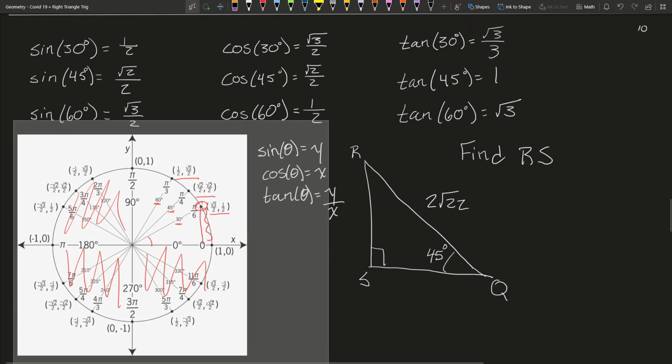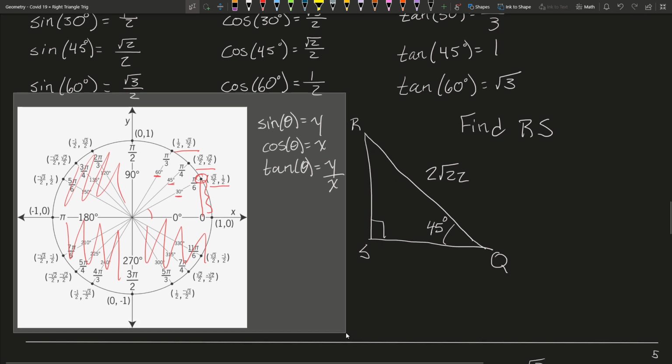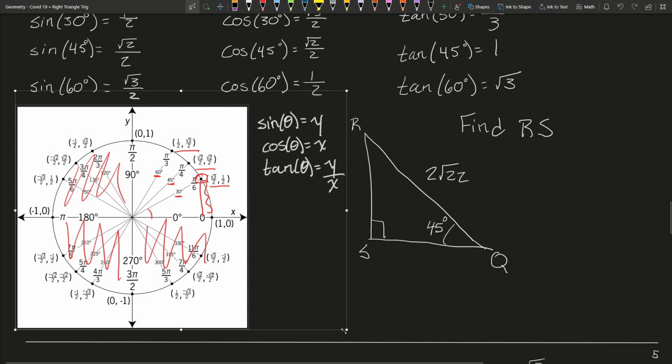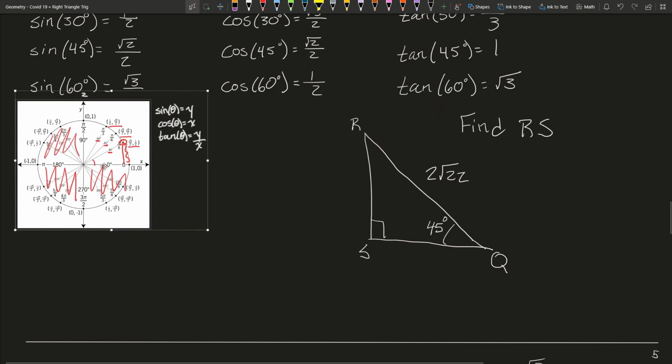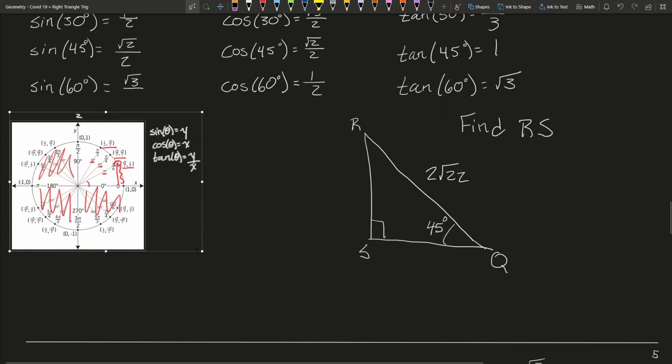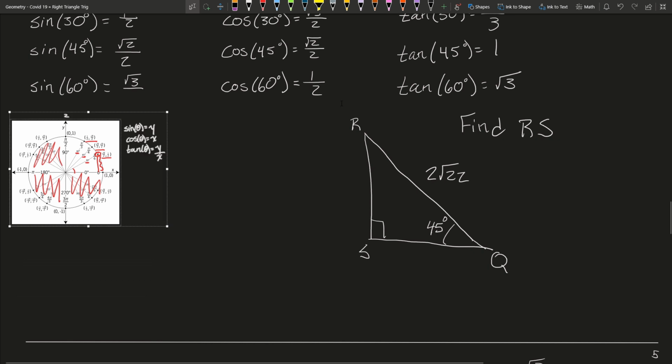I'm going to minimize this just a little bit, and then I want to go over an example.